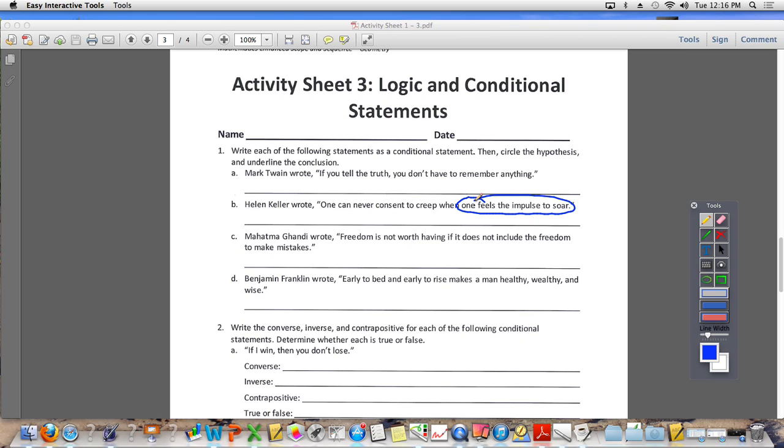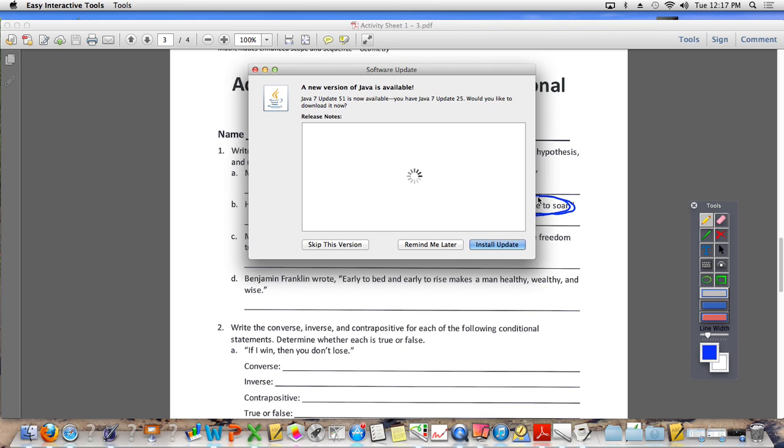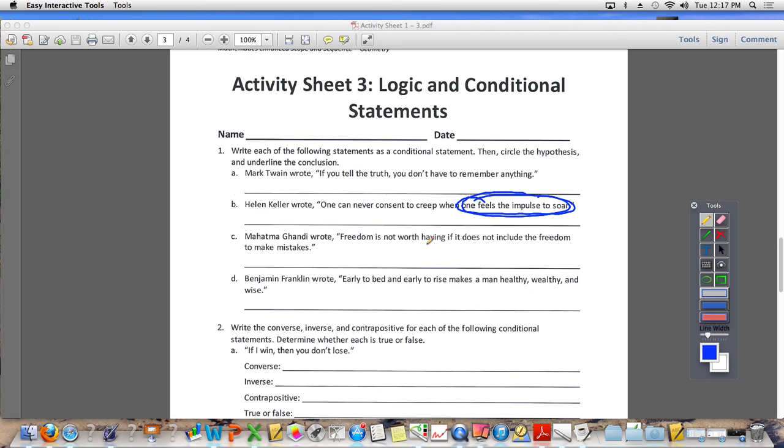All right, the impulse to soar. What is this part of the conditional statement? This is actually not the conclusion, because this says that the creeping part is not going to happen if you have the impulse to soar. So you'll be a creeper unless you want to be a soarer. Does that make sense? I don't know if that's a word or not. So this part right here, this is actually the P. That's a little bit awkward. You guys are used to having the P come first and then the Q.